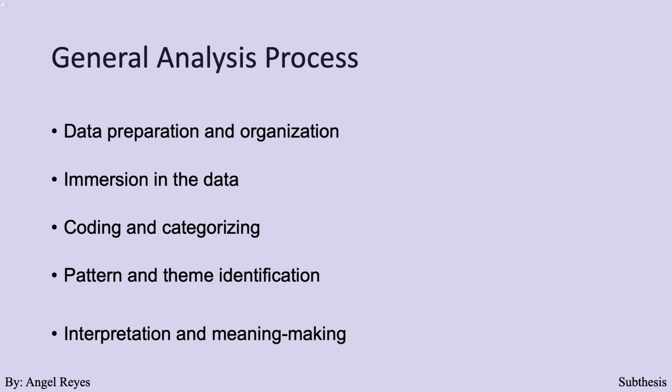Qualitative analysis typically follows a general process, though specific techniques vary by methodological approach. It begins with data preparation and organization, transcribing interviews, organizing field notes, and creating a manageable system for handling data. Immersion follows as researchers repeatedly read or review materials to develop intimate familiarity with the content.